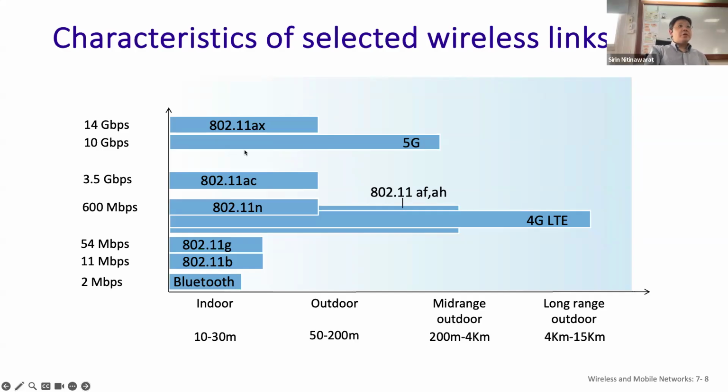But depending on your access point, if you have an older access point, it may not support the more recent version, similar to your cellular network. When you go to some hidden areas, you may not have 4G coverage, then you have to fall back to 3G.